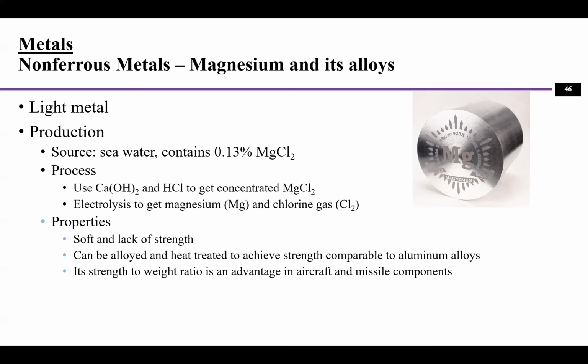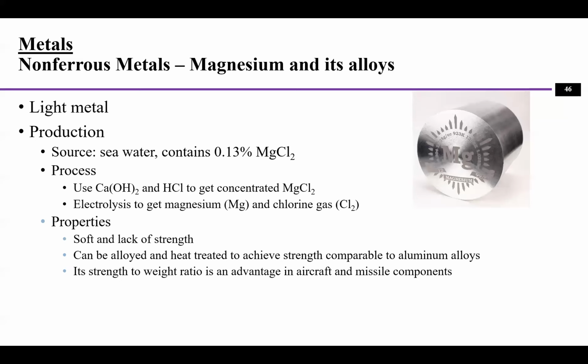The strength to weight ratio means that with the same amount of weight, it actually has a higher strength, right? For example, compare magnesium and aluminum, then you can see which strength to weight ratio is higher.